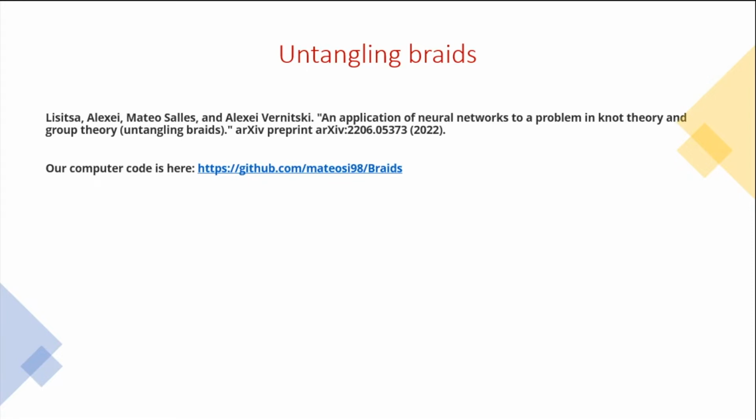And we started with a simple example, which are just braids. And we successfully wrote the code. There are quite a number of choices you need to make. So it took us some time to generate code which is successful on most braids. But we are successful, so you can read our short paper.